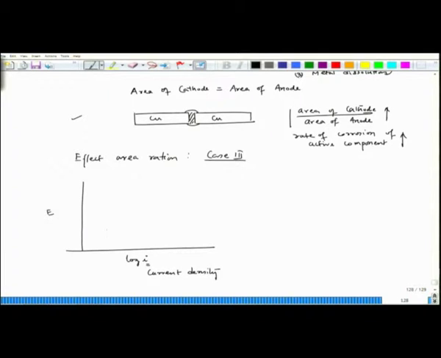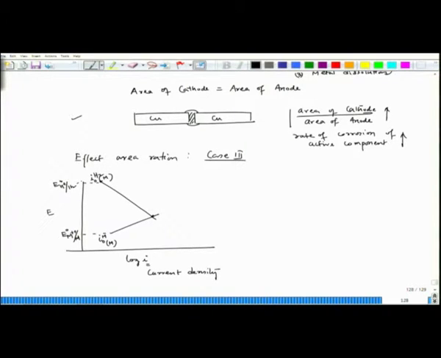This is E0 of metal dissolution, this is I0 of metal dissolution on metal surface, and this was my I0 of hydrogen evolution on metal surface, and this is E0 of hydrogen.